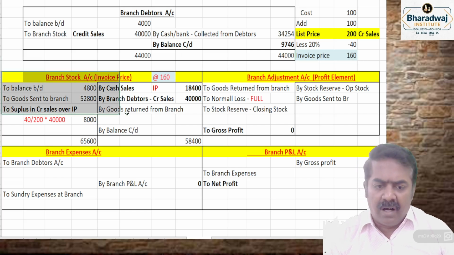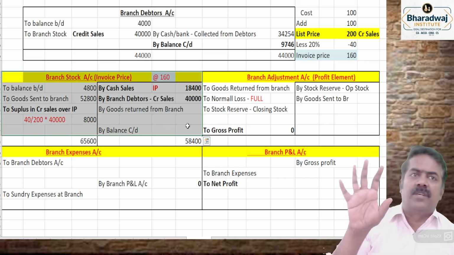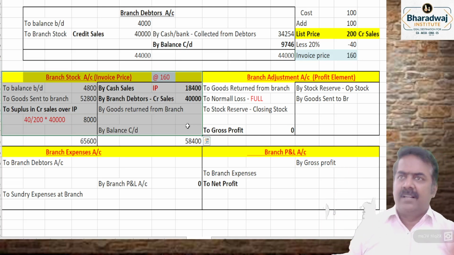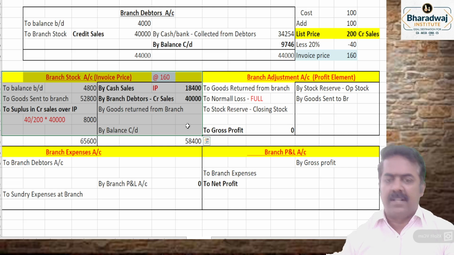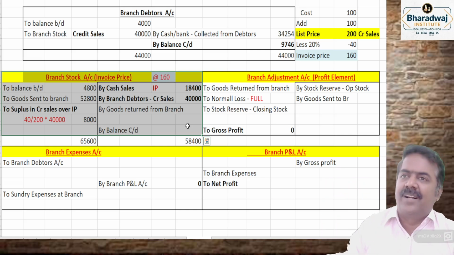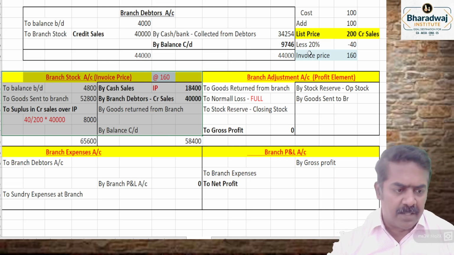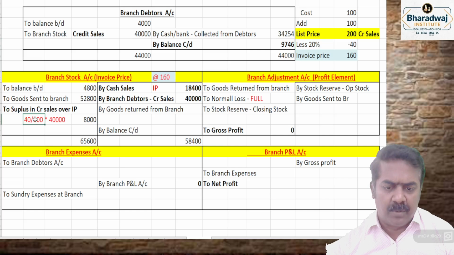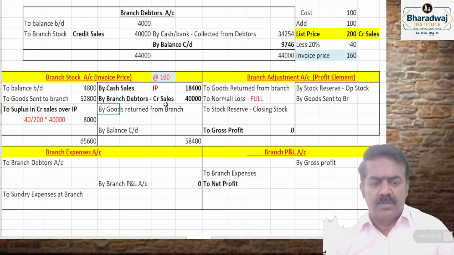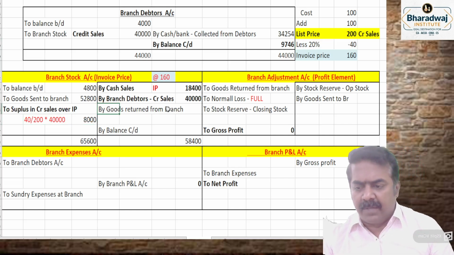Please remember, all the entries in the branch stock account is at what price? Debit, credit, everything at what price? Invoice price. Can the credit sales be alone at selling price or some other price? No. Just remove the surplus. 40 by 200 into 40,000 is how much? 8,000. Any goods returned from branch? 400.